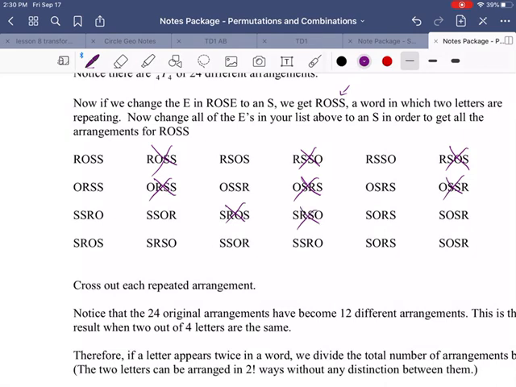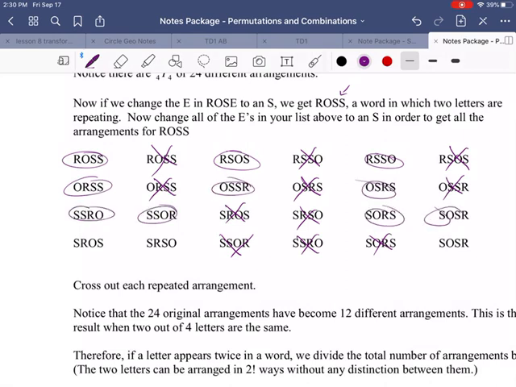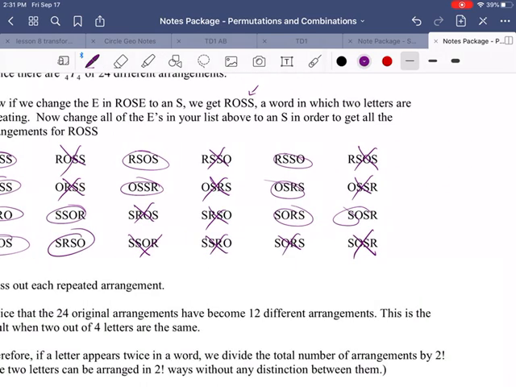SROS, SRSO, SSOR, SSRO, and SORS. So how many do we have left here? 1, 2, 3, 4, 5, 6, 7, 8, 9, 10, 11. I think I missed one. SSRS. Oh, that's a replication too. Okay, so we have 12.